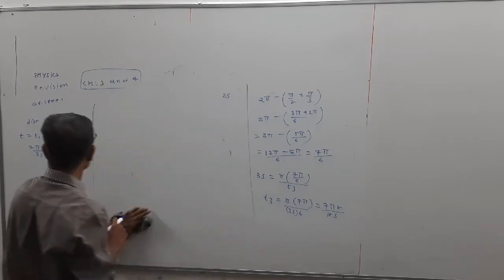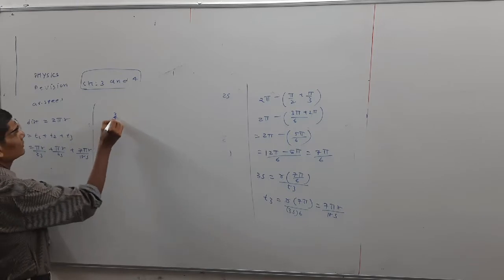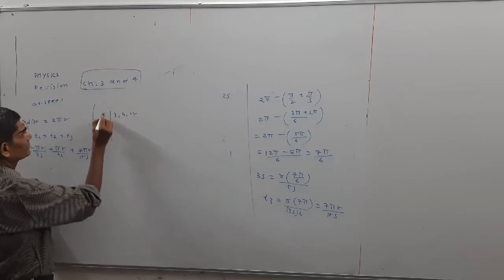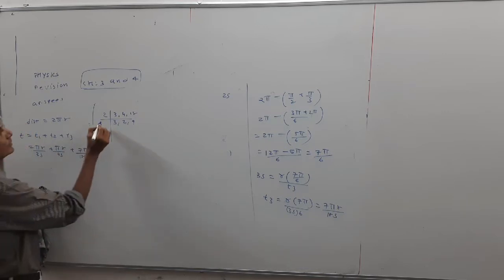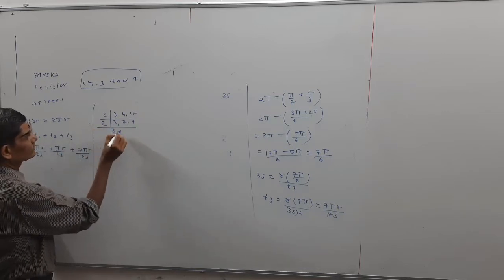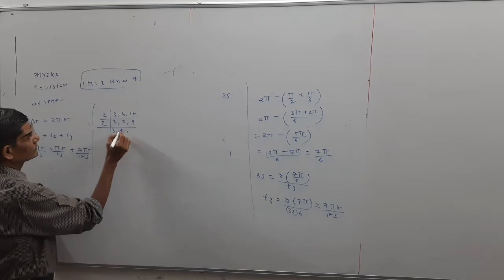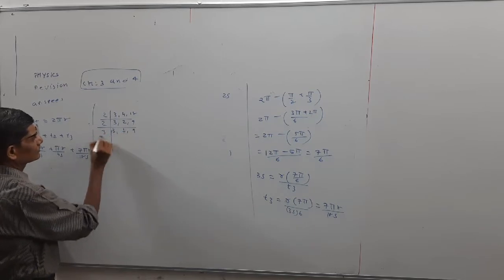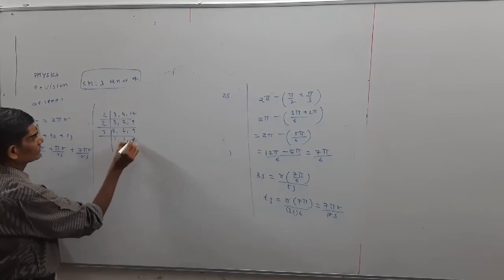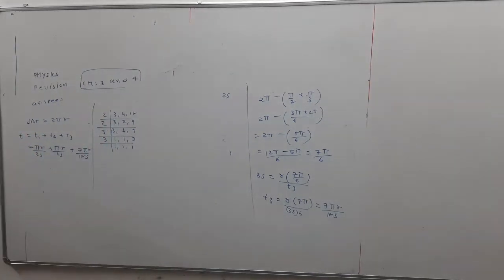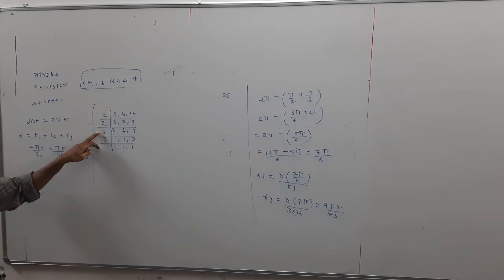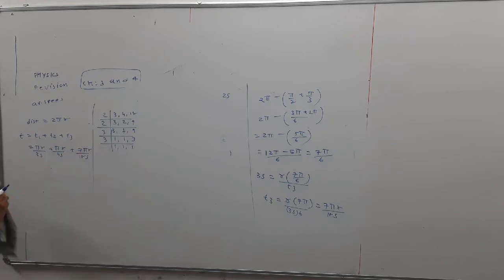Now see here, we have to take the LCM of 3, 4 and 18. What is our LCM? It is 36.